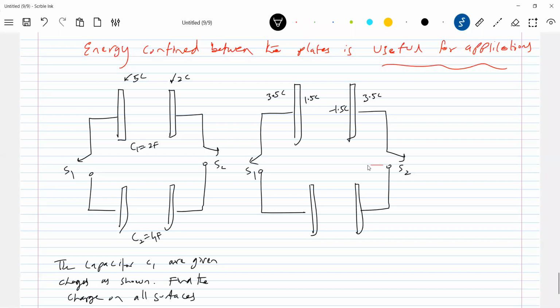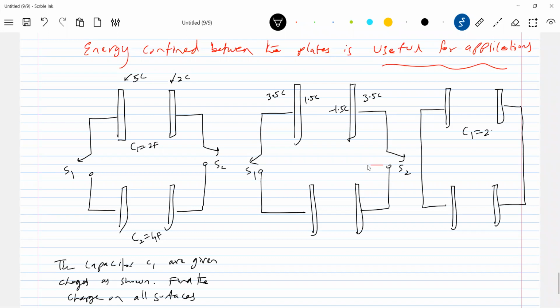Next, I'm going to close the switch. After closing the switch, what will be the charge on all surfaces? What is happening is that capacitor C1 will share charge with capacitor C2, which is what we are trying to analyze. C1 is 2 farad, C2 is 4 farad.